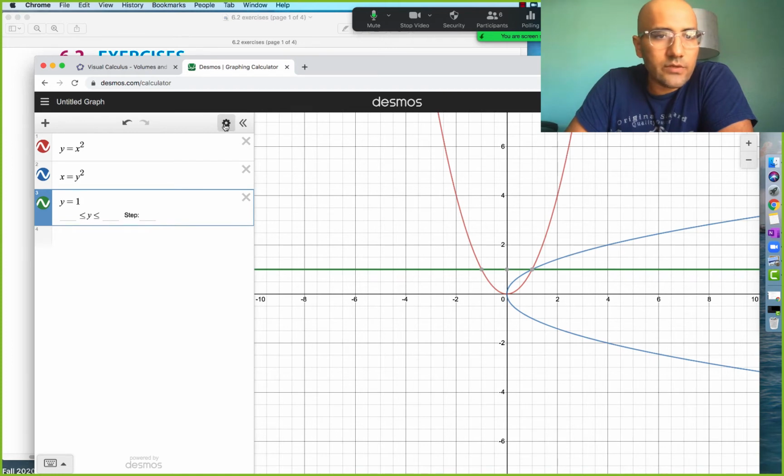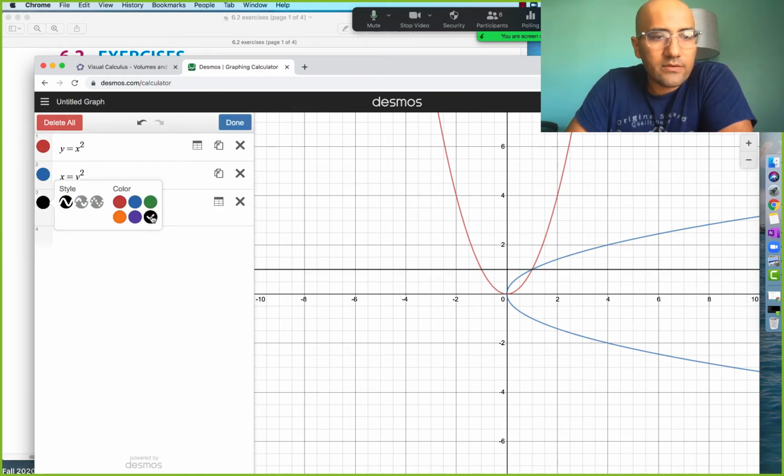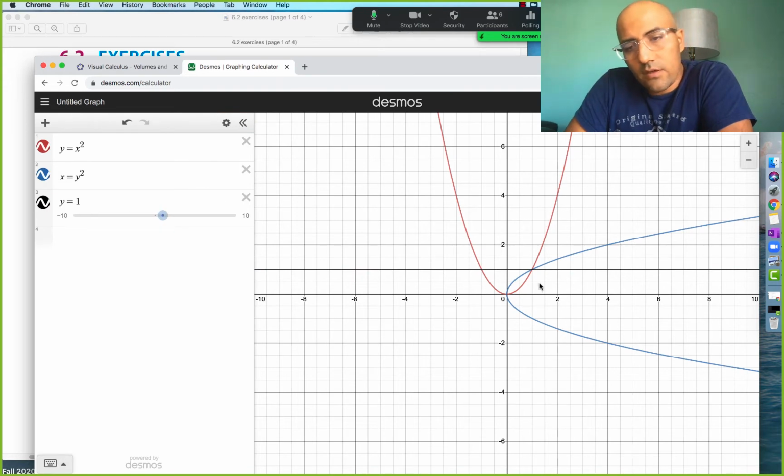Too many colors running around, so let's make it black, I guess. Okay, so we're talking about rotating this little football shaped thing right in here that is in between the blue and the red.